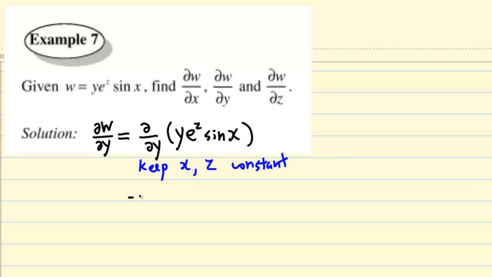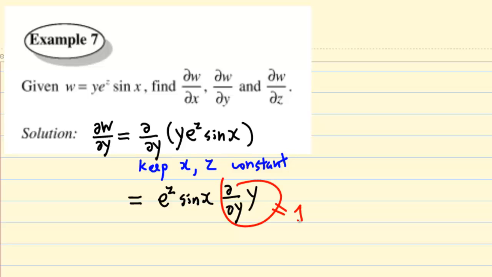This means e power z times sine x is a constant factor, and you just differentiate y with respect to y, which is equal to 1. Therefore, partial differentiation of w with respect to y is just e power z times sine x.